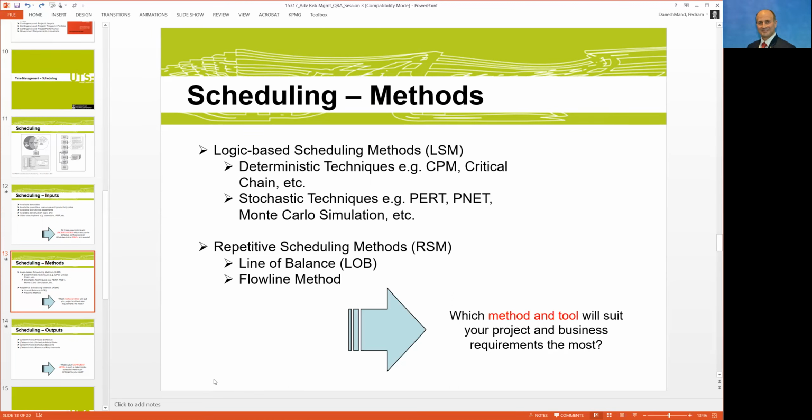The subject of today is not the scheduling part, but I just wanted to highlight that these are the key elements of the picture that should be assessed or decided and will have a huge impact on the schedule risk assessment, and you need to be aware of them.